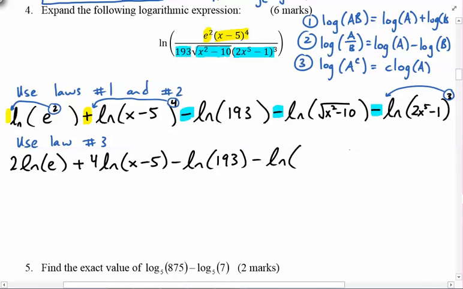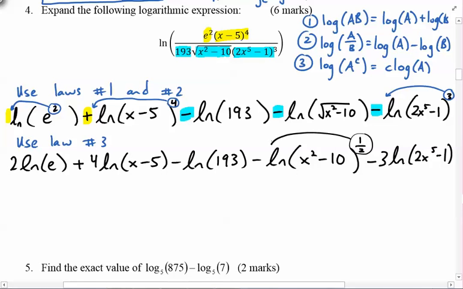And remember that when you have a square root, we can write a square root as a power of a half. So always do that anytime you have roots. Okay, then we can take that 1/2, use law 3 again to make that into a coefficient.